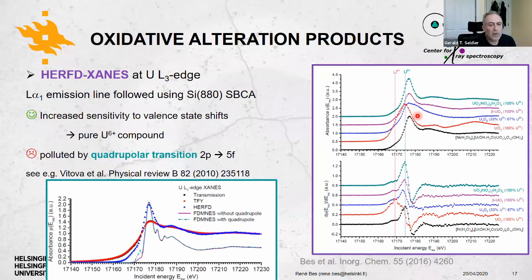Okay. The last question is, it looks like there's a nonlinear dependence of the white line position on oxidation state at the M4 edge. And the question is whether it's normally attributed to differing hybridization schemes or localization of 5f electrons or what?